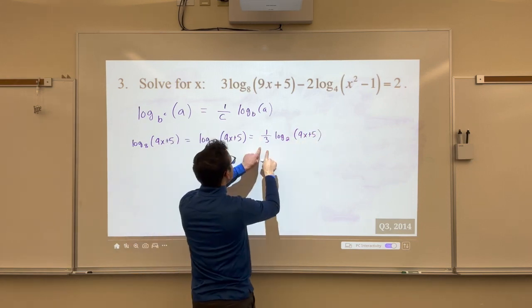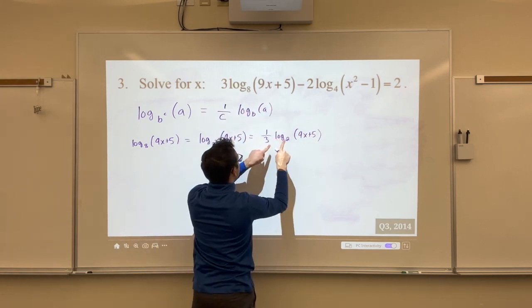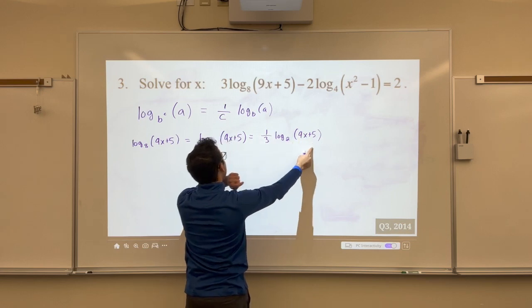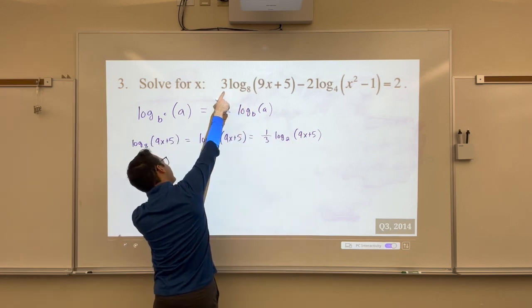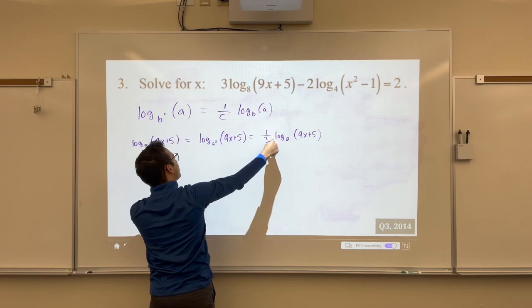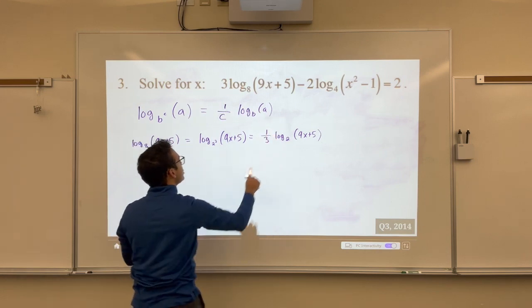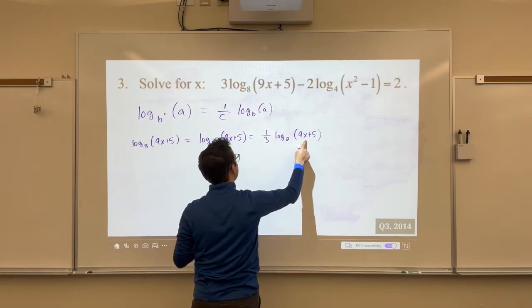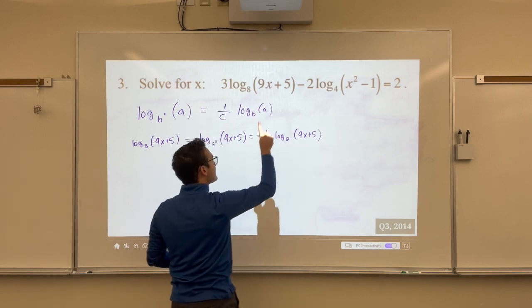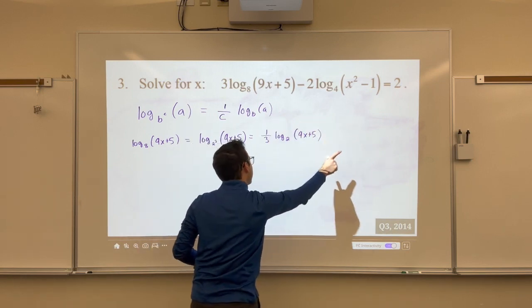So if this is equal to 1/3 times the log base 2 of 9x plus 5, and we're multiplying it by 3, the 3 and the 1/3 will cancel out, leaving us just with log base 2 of 9x plus 5. We can see a similar thing happen with the next term.